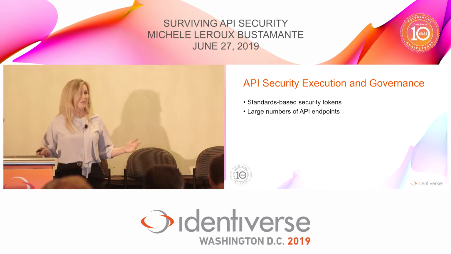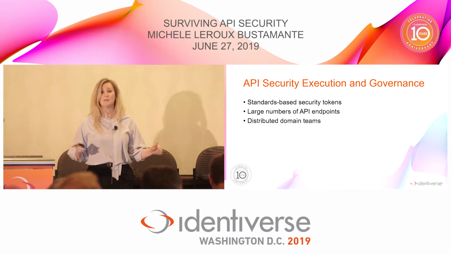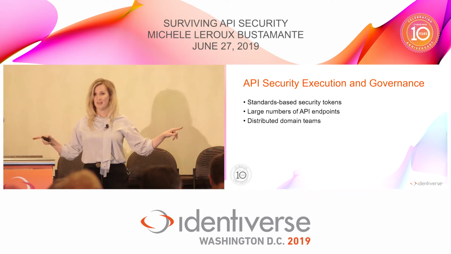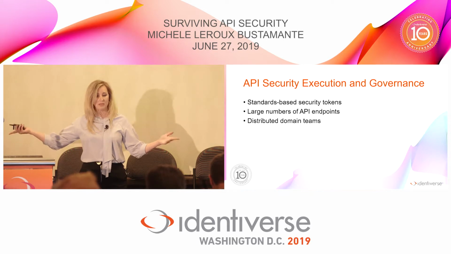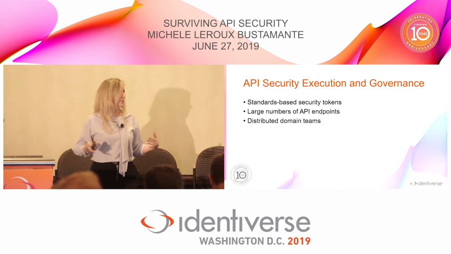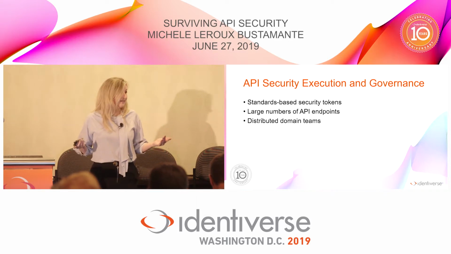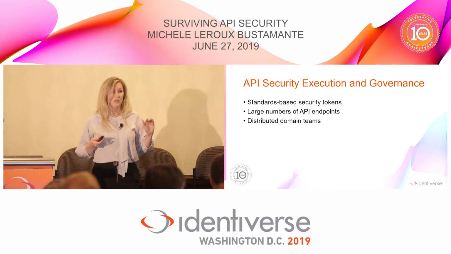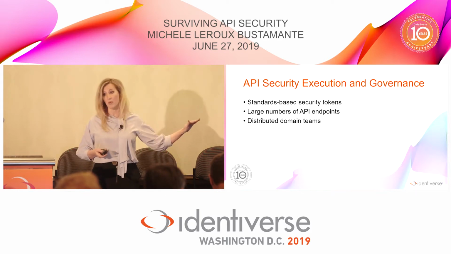We're going to have a large number of APIs, so we're going to try to standardize that, and we're going to have all these domain teams that need to share that code, because we don't want to reinvent it across all these different domain teams. If we do that, then we could run into situations where they just don't do it right, simply put, right? So this is standard stuff, and it should be the same as much as possible across the board.